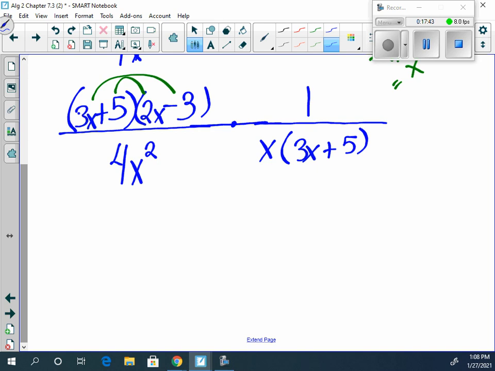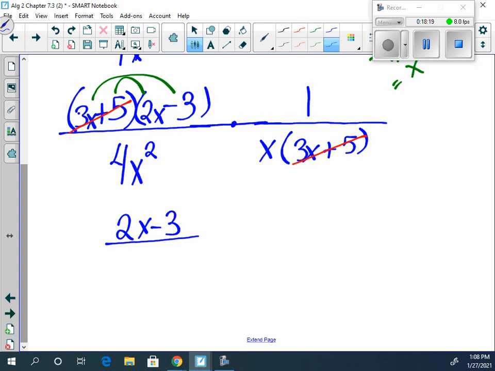And since we're multiplying, we can put them on the same bar. Now, what's in common on top and bottom? 3x plus 5. Is there anything else in common on top and bottom? Besides 1. Well, no, that's it, right? Okay. So we're done. The only thing left on top is 2x minus 3, because being multiplied by 1 doesn't actually change anything.